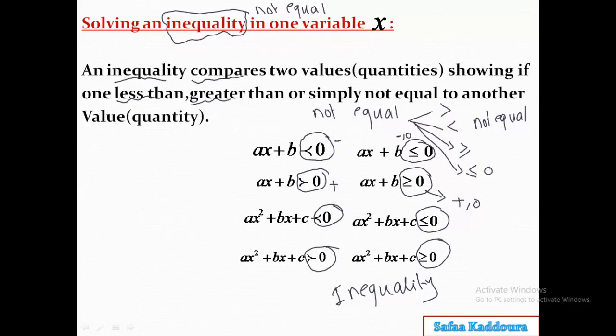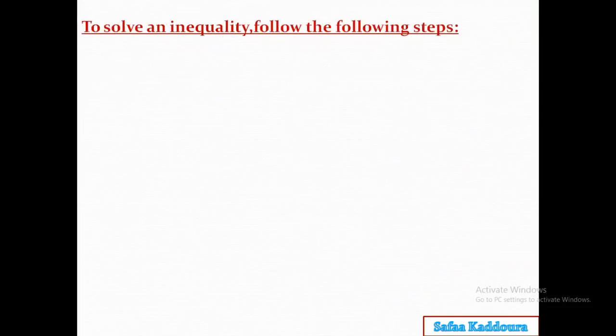Let's now see the steps to solve an inequality. We have to follow the following steps. First of all, change it to a quadratic equation. That means put it equal to 0.